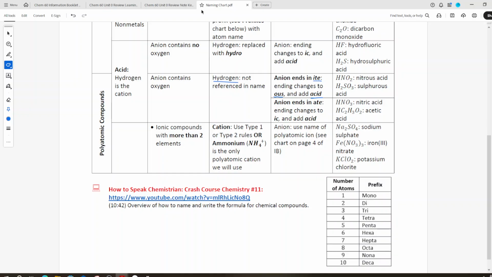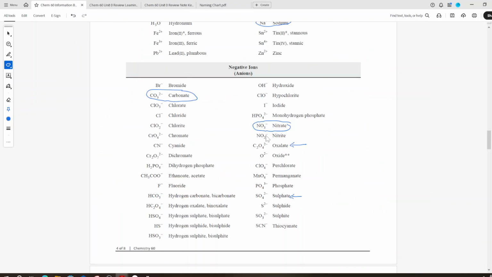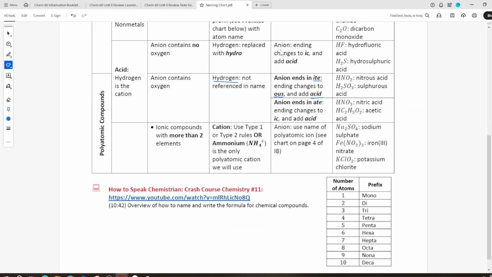If we are looking up NO2, so we go down here to NO2, see how it's nitrite? For the acid, we're going to change the ending ite to us and put acid. So if we look at HNO2, it would be nitrous acid because it was a hydrogen and a nitrite.